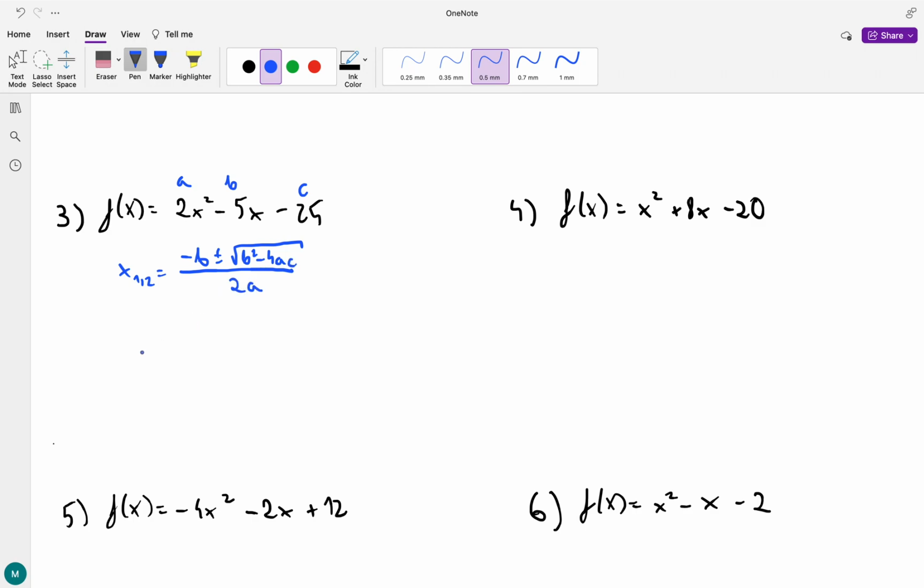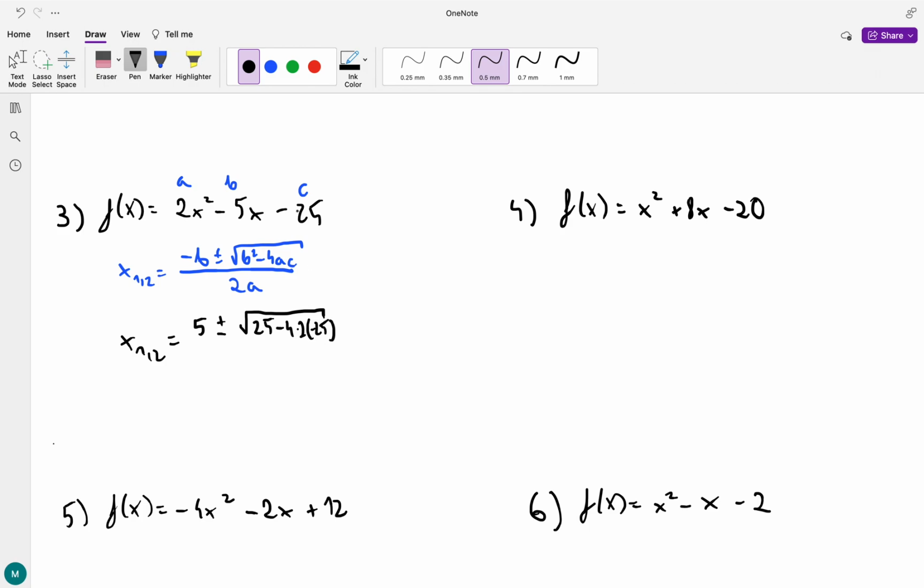And now let's just start plugging things in. So x1, 2 will be equal to -b, so negative times negative is +5, plus minus square root of -5 squared is 25, and then we have minus 4 times a times 2 times -25.